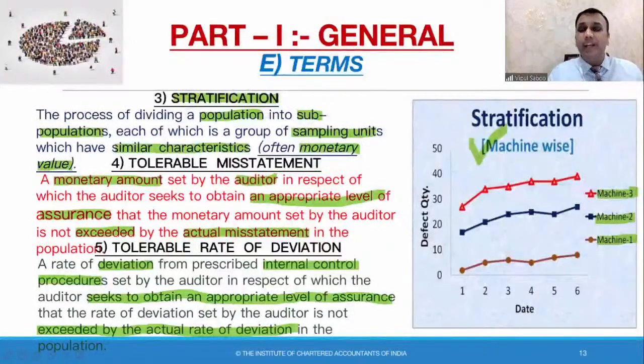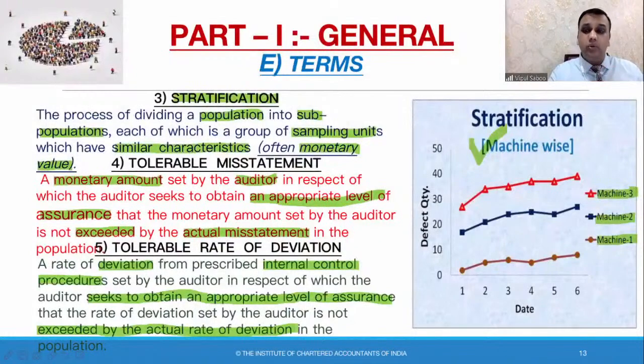Misstatements you would be finding in the case of test of details, and rate of deviation in the case of internal control procedures. So I have set that there could be only 2 such instances that would be within my tolerable rate of deviation. If the security guards were not there at 2 such important events, it is fine.